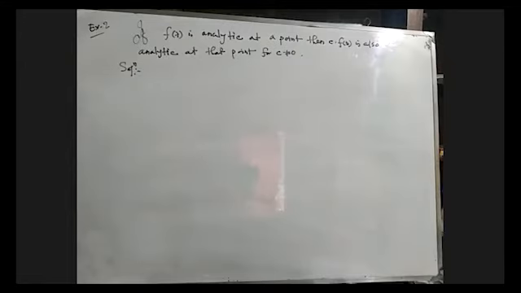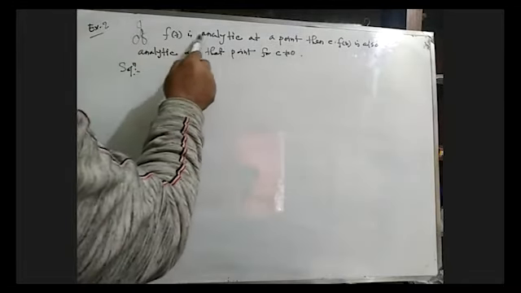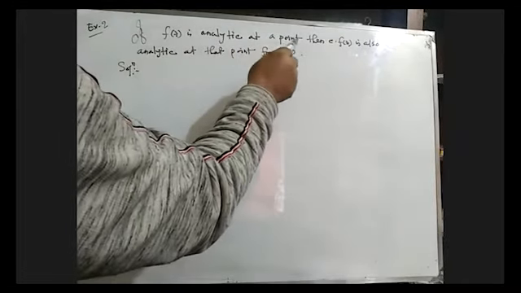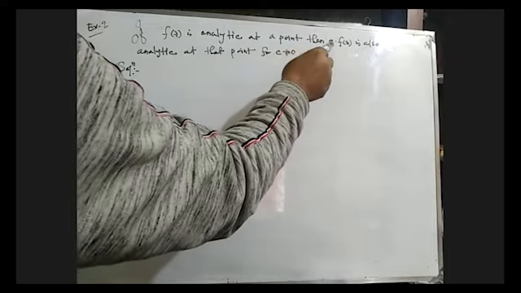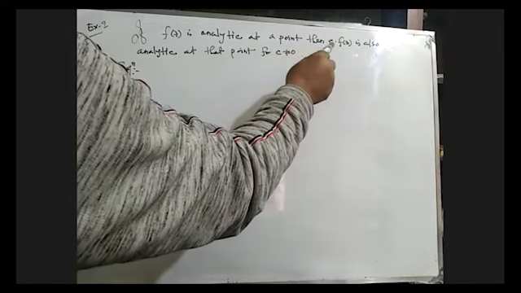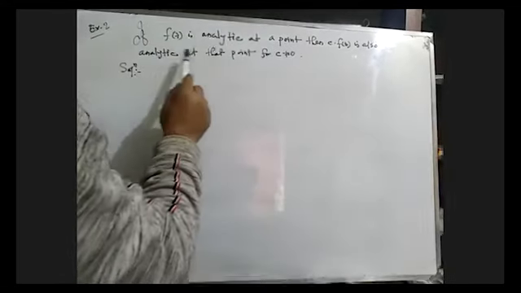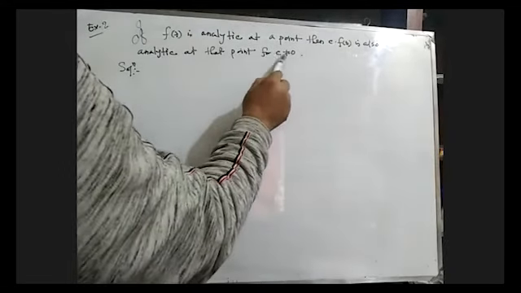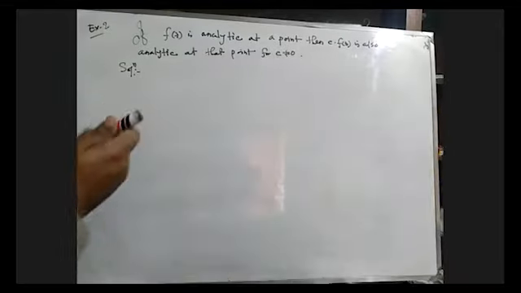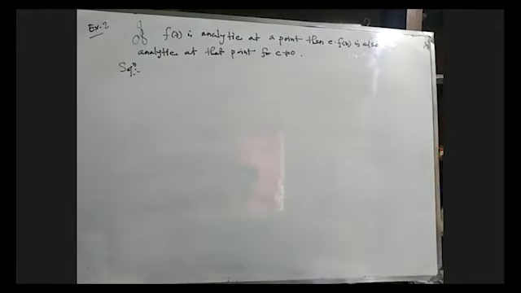Okay, now another example 2. If f of z is analytic at any point, then c times f of z, where c is any complex constant, is also analytic at that point, for this complex constant not equal to 0. So this is the multiple constant property of analytic functions.